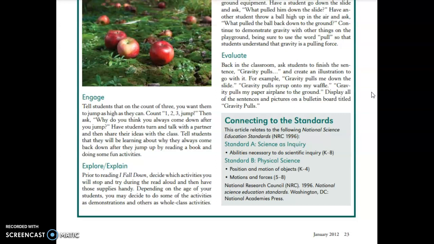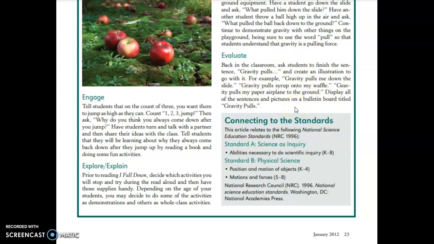If they go back to their seats, they can choose the top 5 sentences that they want to illustrate, and then illustrate them by themselves. But I do think it would be great if every single student were to share out an idea and finish the sentence, "Gravity pulls blank." And then they'll go back to their seats and pick their top 5 and create illustrations for those.